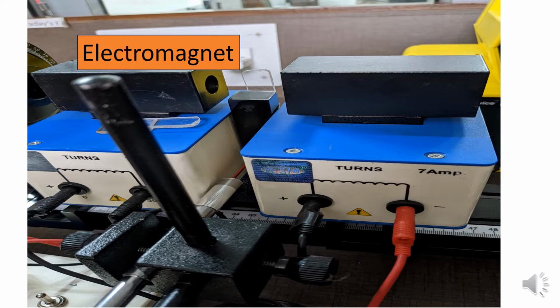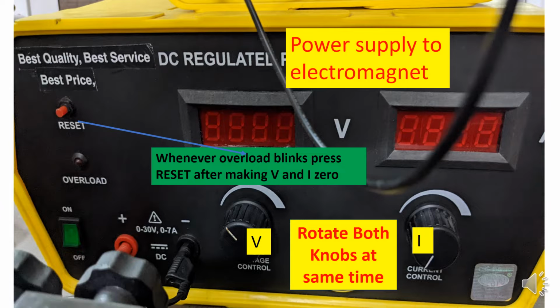This is the electromagnet to which current will be given, and the current will produce the magnetic field. The current is given from this power supply. With many machines it shows overloading.